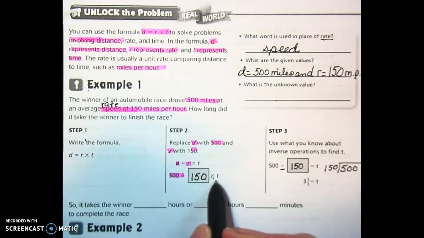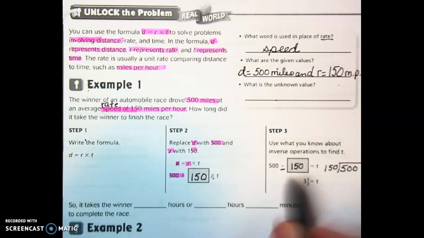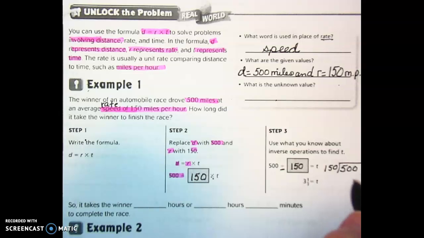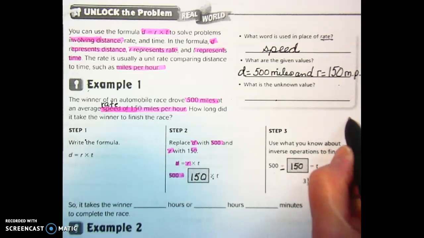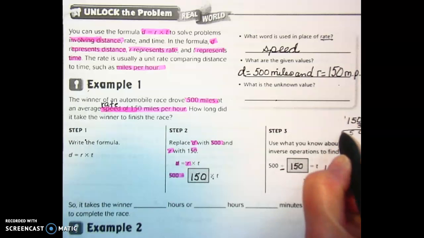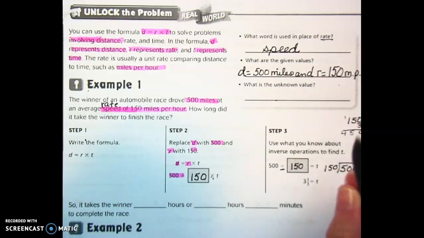Here in the formula, we were multiplying, so we're here to find our time. We have to divide. So 150, let's see, 150 times 3. That's 450. Can we do any more? No, we cannot. So we're going to put our 3 above our last 0.